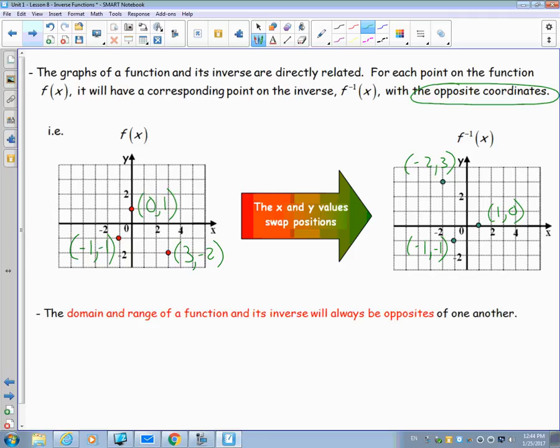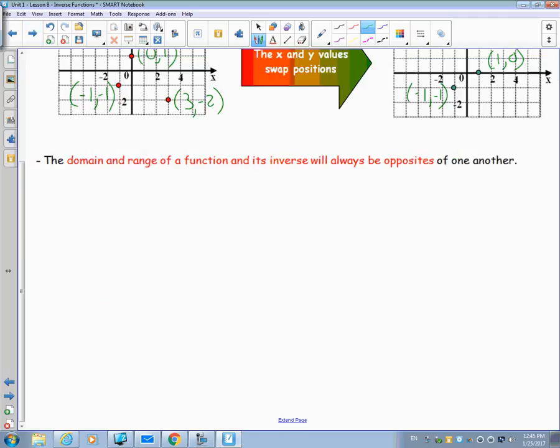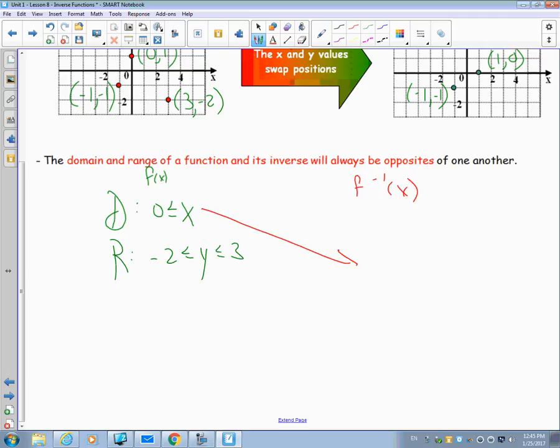When it comes to the domain and the range, the function and its inverse will be opposites of one another. So for example, if my domain for my function was x greater than 0, and my range was -2 less than y less than 3, well, in the inverse, the domain would become the range, and the range would become the domain.